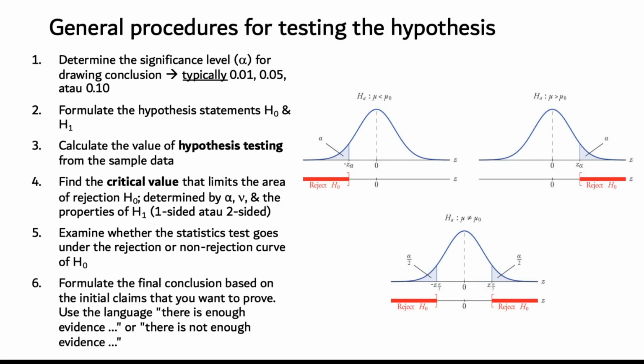Then, we calculate the value of the test statistic from the sample data. The critical value should be determined by significance level, degree of freedom, and the properties of the alternative hypothesis.